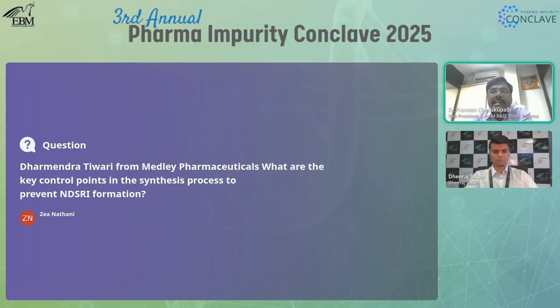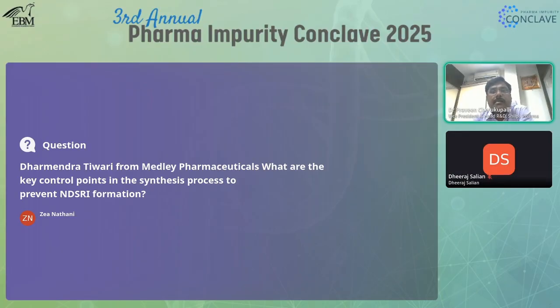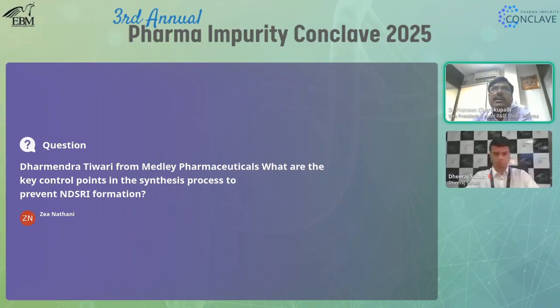When a nitrating agent is available in the process, it will react with the secondary amine or tertiary amine present in the drug substance, which leads to the formation of NDSRI. If you see the formulation perspective, the excipients or the water, whatever has been used in the manufacturing process of the finished product, should have a minimum level of nitrites and nitrates, so that you can control NDSRI effectively.